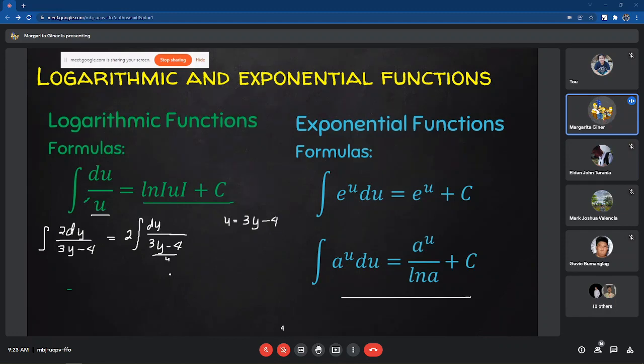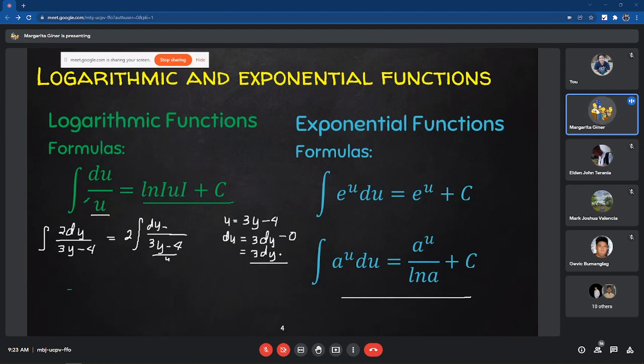Okay? Let's check if it matches the numerator when we solve for du. So, the du of this is, when we take the derivative of 3y minus 4, 3 dy minus 0. So, du is 3 dy. Let's see if it matches the numerator. The numerator is dy.